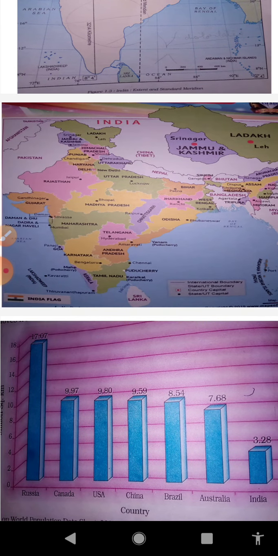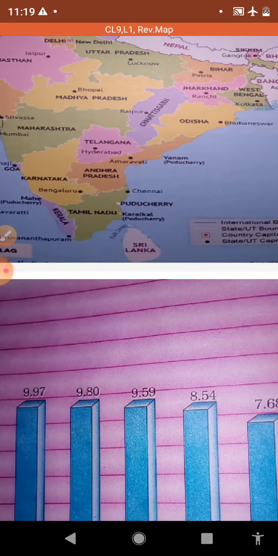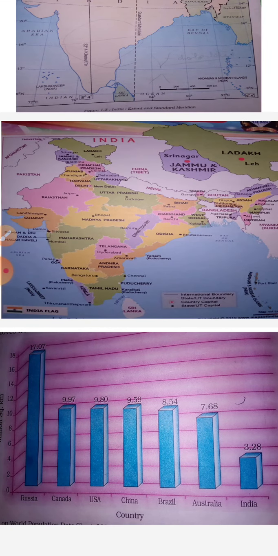Then this diagram is showing you the nations which are larger in size than our country. What I told you in the previous video is that the total area of our country is about 3.28 million square kilometers, which constitutes only about 2.4% of the total geographical area of the world.